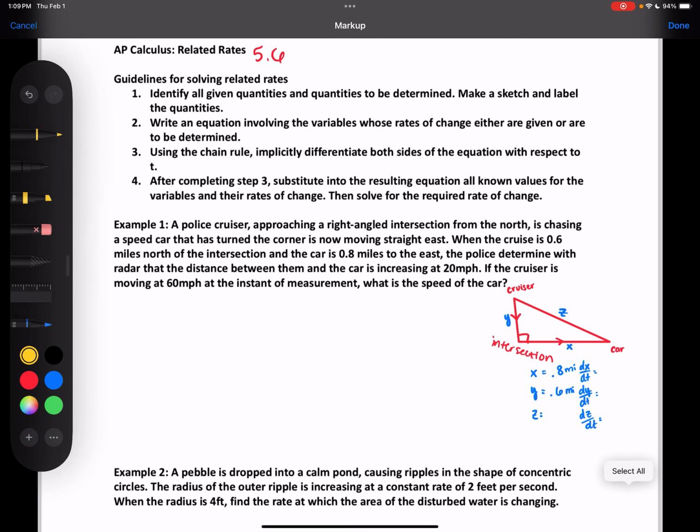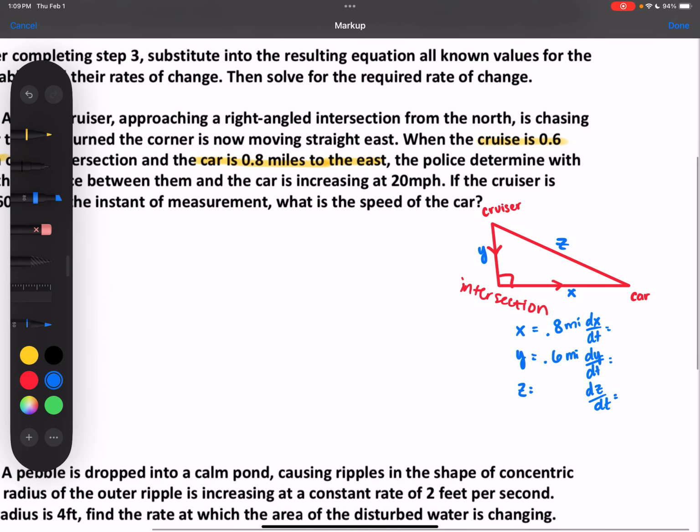So let's do this. Highlighting things that we have. All right. The distance between them and the car, so that Z value, is increasing at 20 miles per hour. So that's going to be dz dt. What's dz dt? 20 miles per hour.